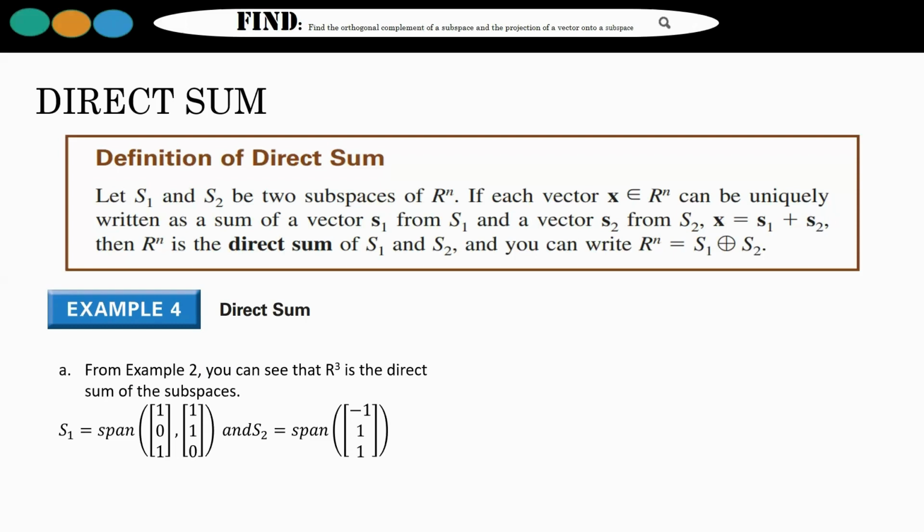Because the vector 1 of S sub 1 multiplied by S sub 2 is equal to 0, and the vector 2 of S sub 1 multiplied by S sub 2 is equal to 0. Therefore, it is direct.